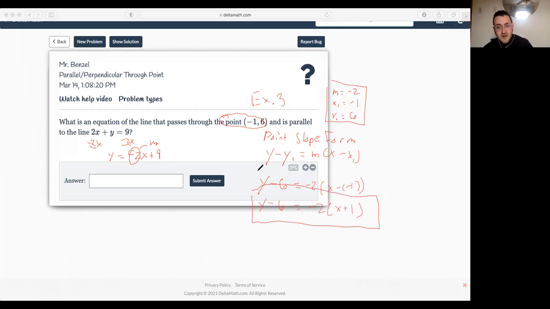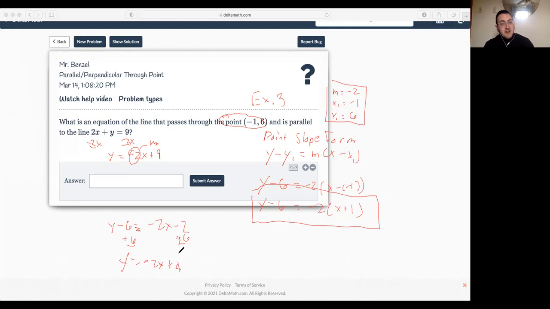Now, if you wanted y equals mx plus b, what you could do is distribute the -2 with the x plus 1. So you could have y minus 6 equals -2x minus 2. We could add 6 to both sides, and we would get negative 2x plus 4.